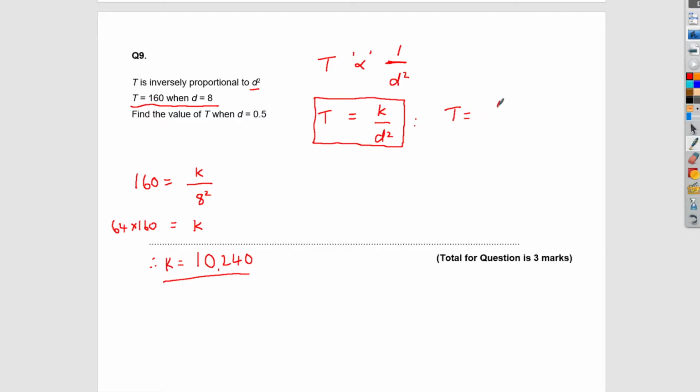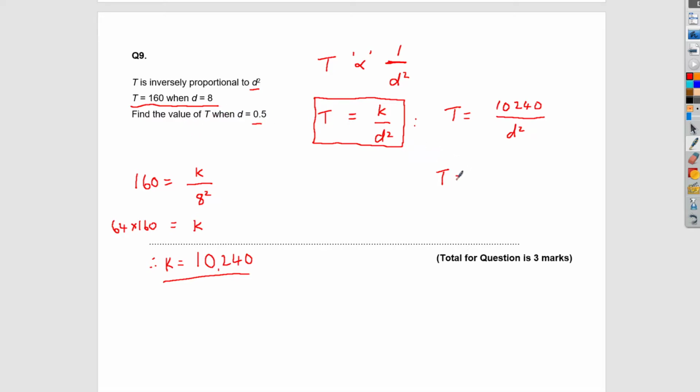So that's going to be t equals k, which is 10,240, over d squared. It's going to be pretty big. Now find the value of t when d equals 0.5.